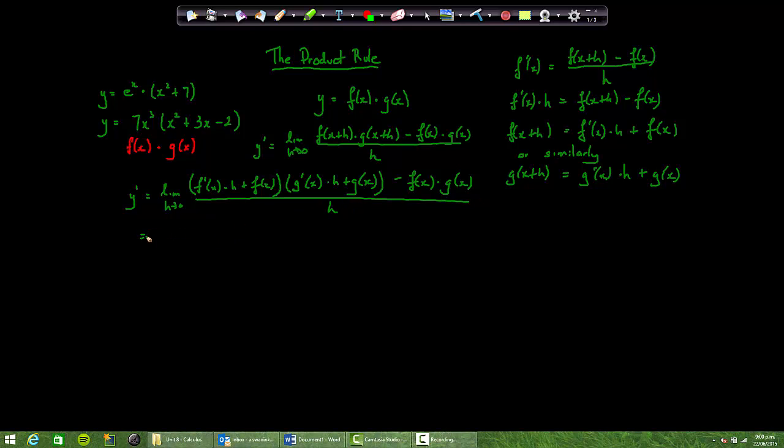Now to proceed here, we're going to do the obvious thing and expand this out. Two h's would give h squared, and you'd have f dash x times g dash x. Then f dash x times h times g(x) would be h f dash x times g(x). Excuse me, that x is appalling looking.